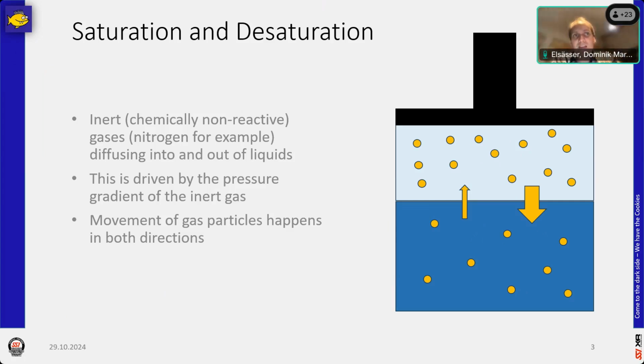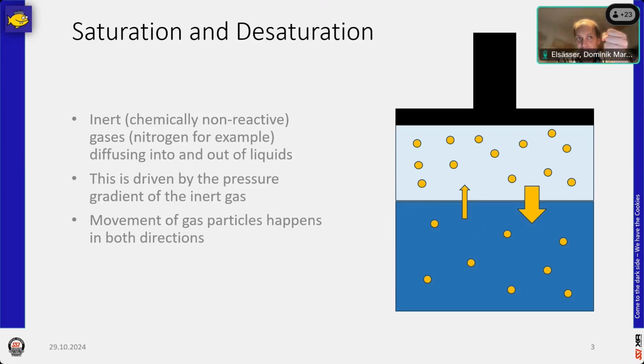However, the net difference, and this is depicted by the arrows here, if the concentration of these bubbles is higher above the liquid than in the liquid, the net movement is into the liquid. So they move per time more bubbles into the liquid than move out until you have reached equilibrium. Yeah? And this is what we call an inert gas pressure gradient. So if there's a higher partial pressure of this inert gas in the gas phase above the liquid than in the liquid itself, stuff moves as a net effect in.